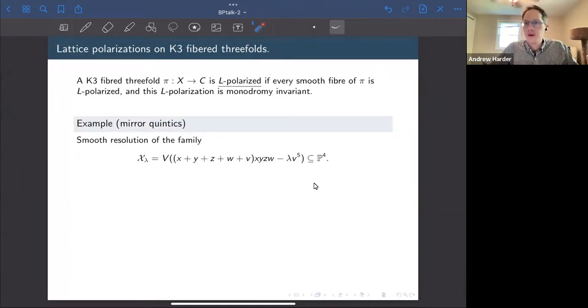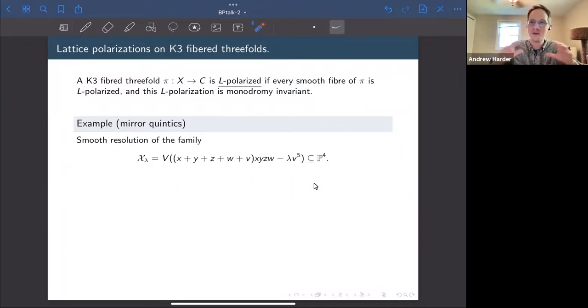And so we have a very specific basic example that I think actually won't show up later, but I think it explains things fairly nicely, which is the family of mirror quintics. So mirror quintics are given by the following expression. You'll notice that this is slightly different than my expression for mirror quartics. And I won't explain why they're called mirror quintics or mirror quartics.